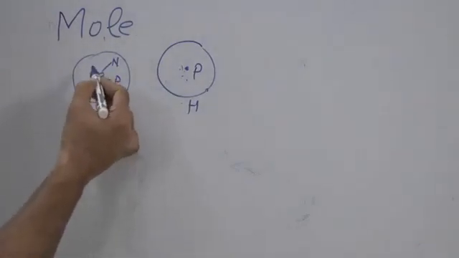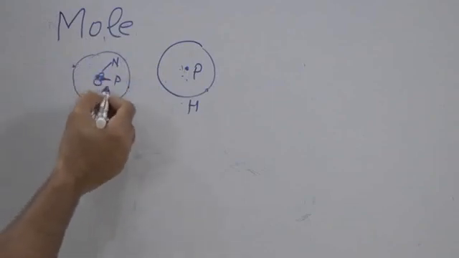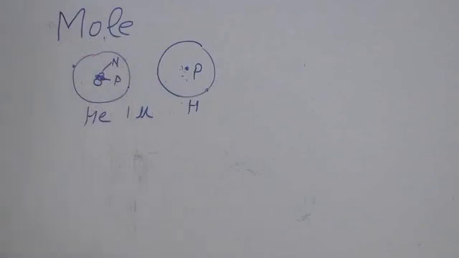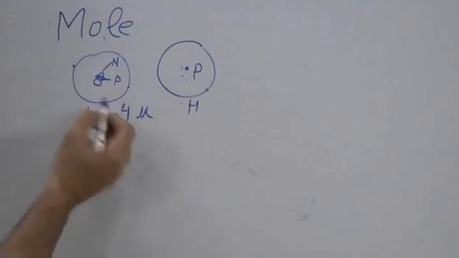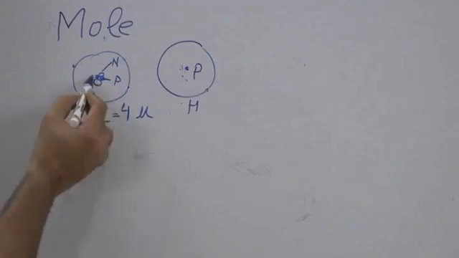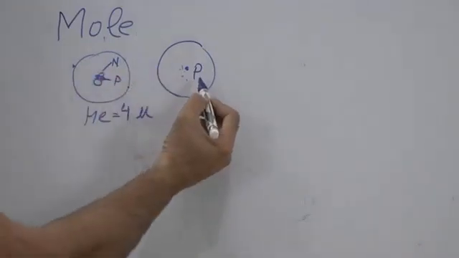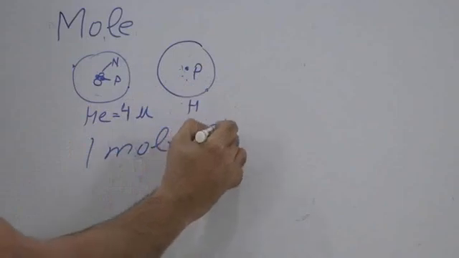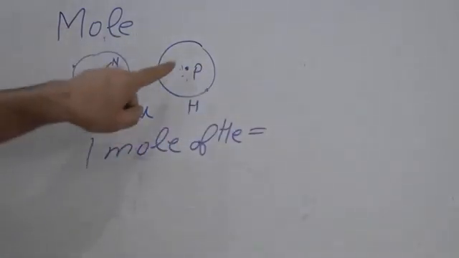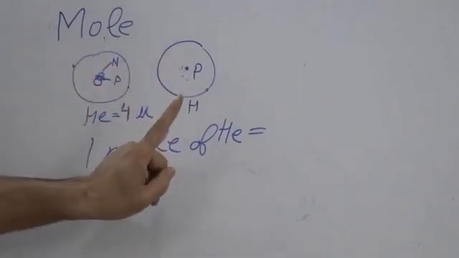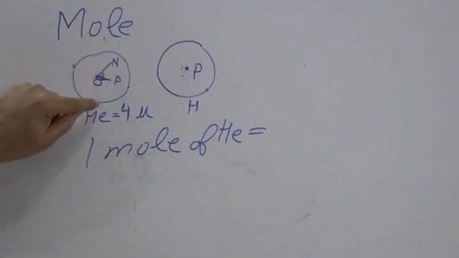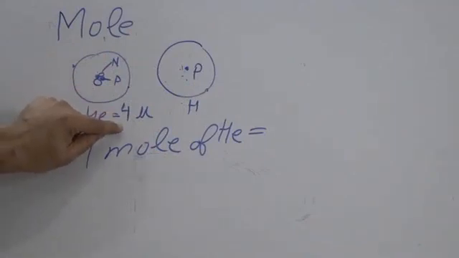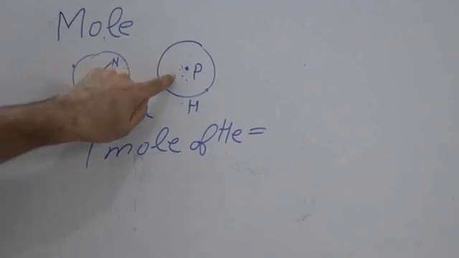Therefore, we can approximate all these as 4 U. If we take 1 mole of this, what would be the mass of 1 mole of He? 1 mole of 1 U entities weighs 1 gram.